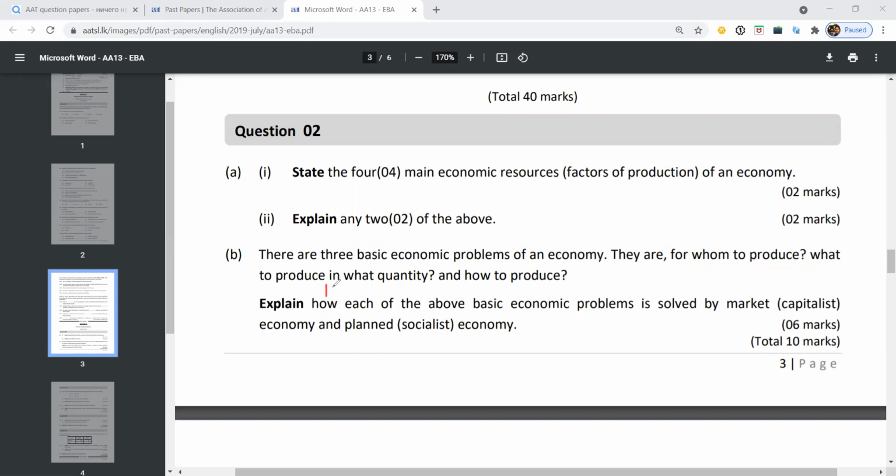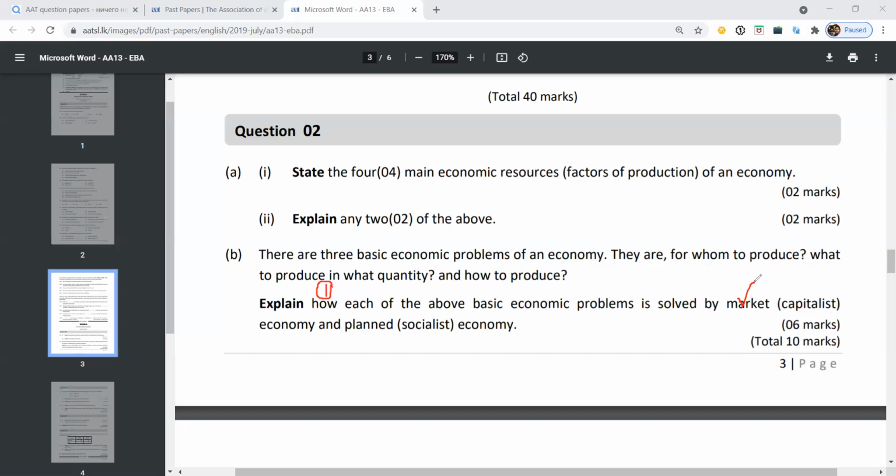I take firstly this one. In a market economy, the problem is solved by considering relative prices. Private producers in the economy concentrate on profitable goods to be supplied.